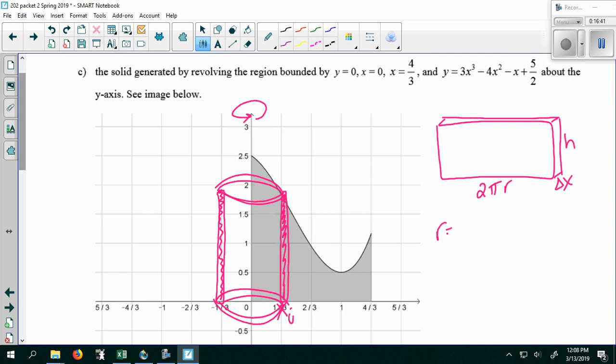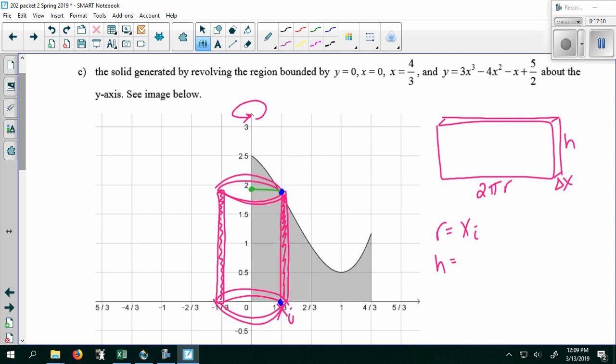So let's see, r in this case is the distance from the axis of revolution to the rectangle you drew. So it goes from x equals 0 to whatever random location you chose, x sub i. So r is just x sub i for this problem. And then h is the height of the rectangle, the distance from this point to this point.